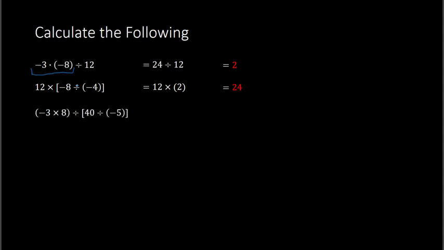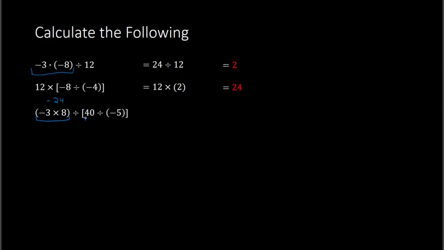Okay, another example. Parentheses, we have negative 3 times 8 divided by, and then within the brackets, we have 40 divided by negative 5. So let's work within the parentheses and within the brackets. Negative 3 times 8, we have 3 times 8 is 24, and then we have two different signs, which means that this would be a negative 24.